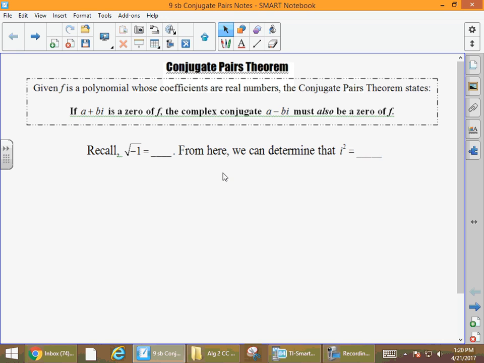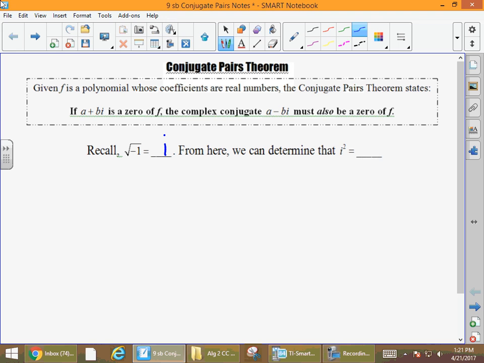And there's one other thing that we need to know, because until you really see the conjugate pairs theorem work, I don't think that's going to stick in your head. But what does the square root of -1 equal? It equals i. We didn't talk about it. We kept it really basic in terms of i this year. But we actually can figure out what i squared is.